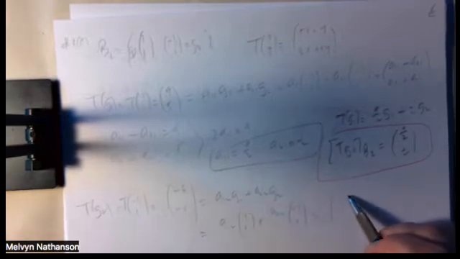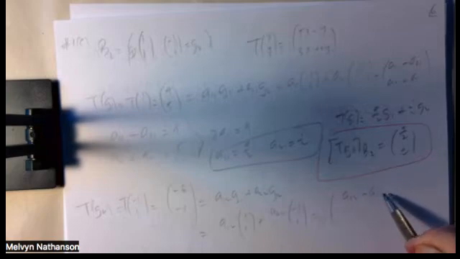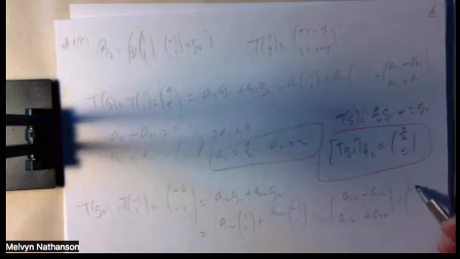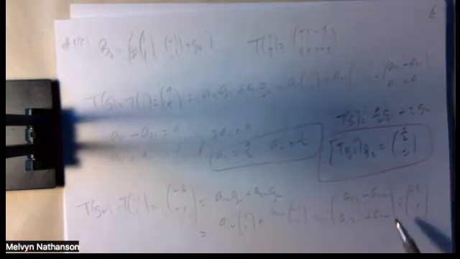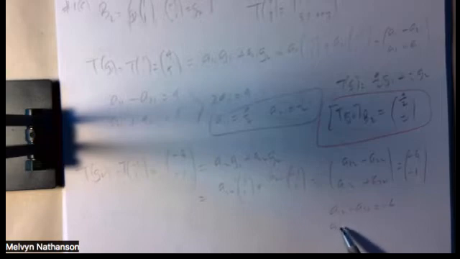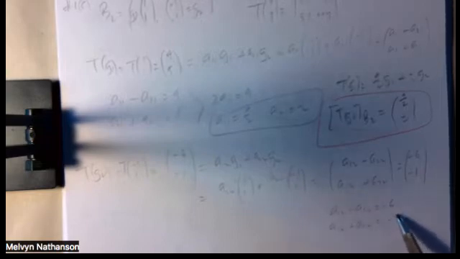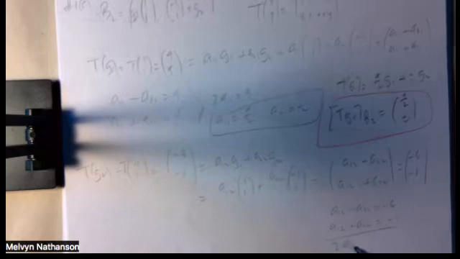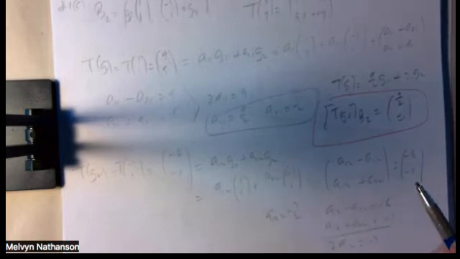That's equal to (A12 - A22, A12 + A22), which equals (-6, -1). So I'm solving again two equations and two unknowns. A12 - A22 equals -6. A12 + A22 equals -1. If I add, I get 2A12 equals -7. So A12 is -7/2.